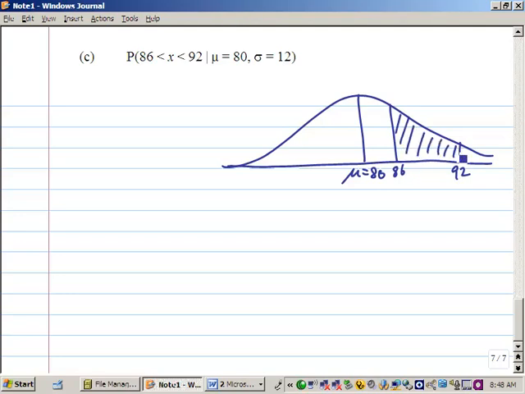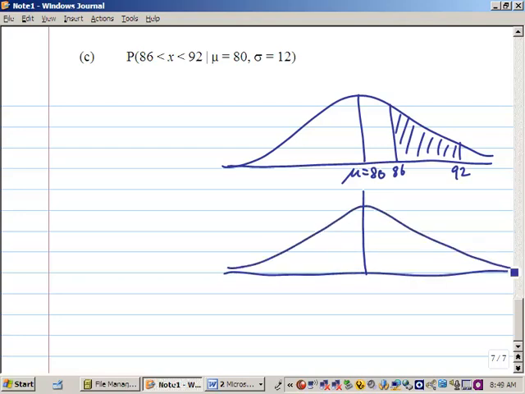So the probability we're looking for here is between 86 and 92, some area on the right side of the mean of the distribution. Okay, so we're going to draw the z distribution so that you understand that your two z values are going to be positive, and we'll go from there.